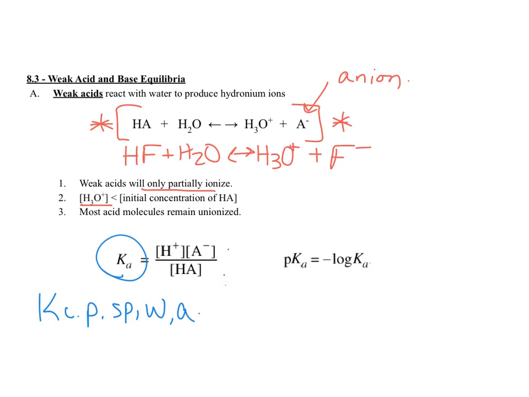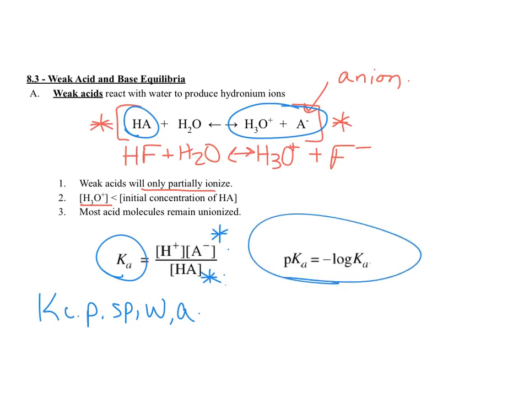So I've got my hydrogen and my anion concentrations on the top, and my weak acid concentration on the bottom, and then of course we leave out water because it's a liquid. This equation, we're going to get back to a little bit later on.